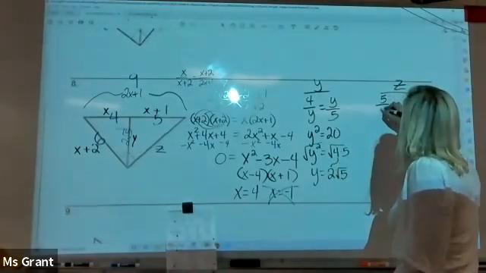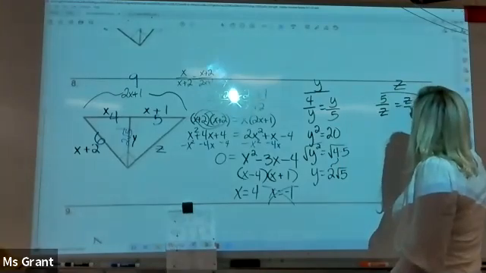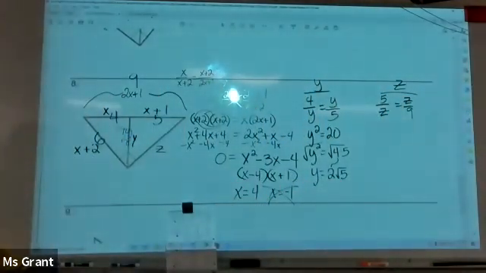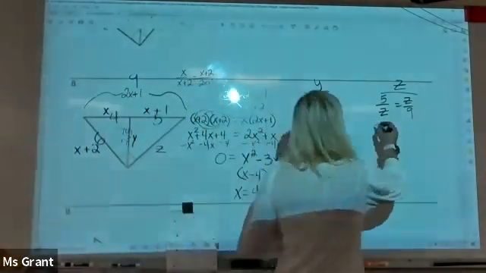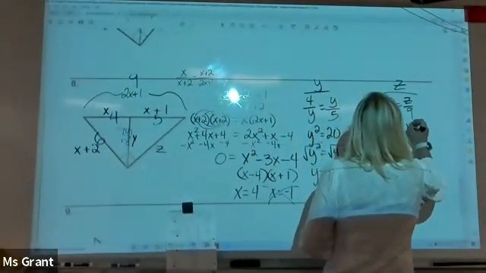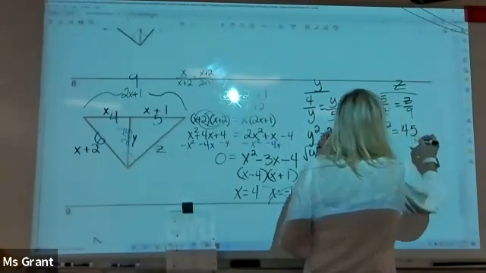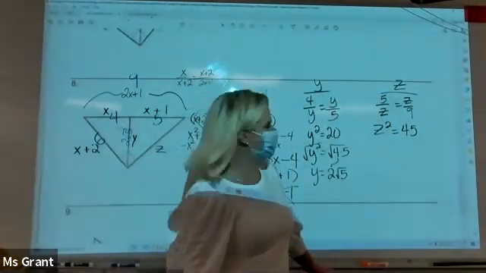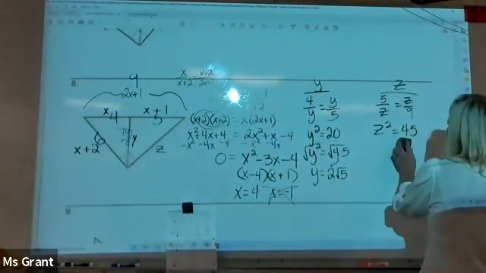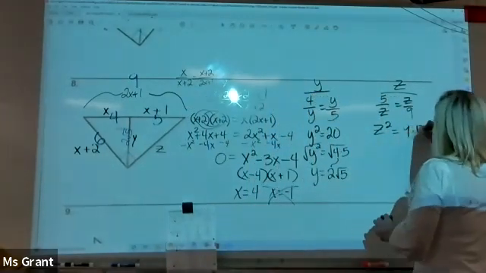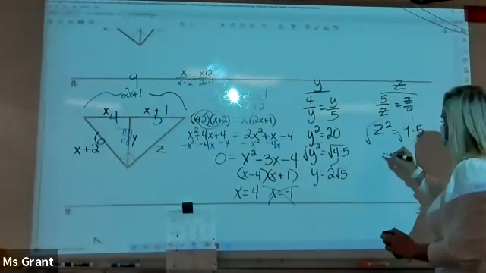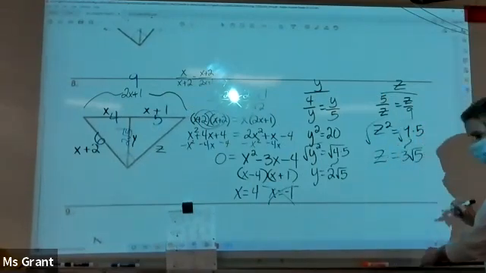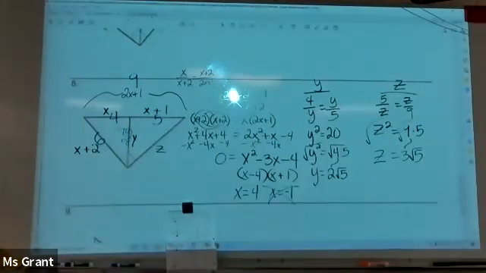How about that? And Z squared equals, oh my. Shouldn't have made it 45. Should have kept it at 9, huh? Whoop. 3 radical 5. Z equals 3 rad 5.